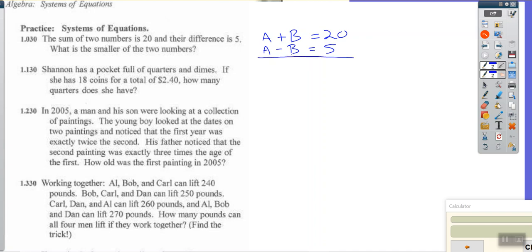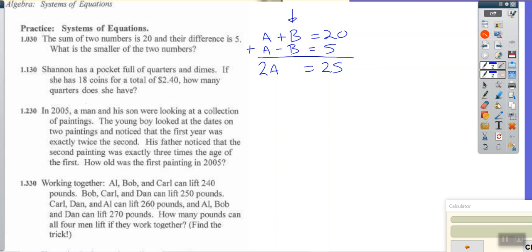And I can't help but notice that right now I have opposites. The opposite of B is negative B. So that means if I add these two equations together, A plus A is 2A, B minus B is 0, 20 plus 5 is 25.